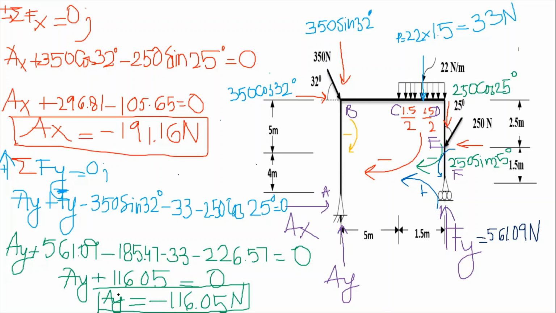For example, when we are summing up horizontal forces, see Ax, its direction is positive, this is positive, and this one is negative. So we have taken these two directions positive, this one is negative. For example, this is positive, upward positive, and this is downward negative. So we have taken it negative, and this is again negative.